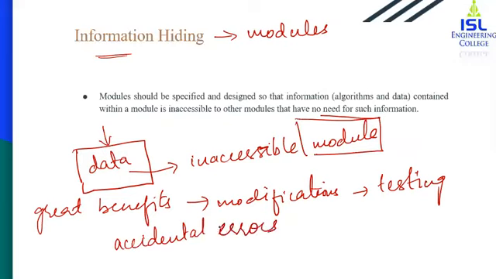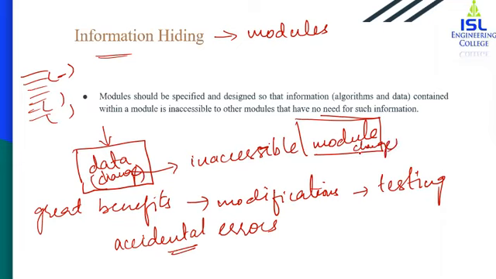Now what are these accidental errors? What happens sometimes is that when you write a particular program, you might have made an error within the first line. It is going to reflect errors within the different lines. So these are your accidental errors. If you do not have the concept of information hiding and I make any change within this data, I'm changing this data, and another module is able to access it, it might even change the data that it has.